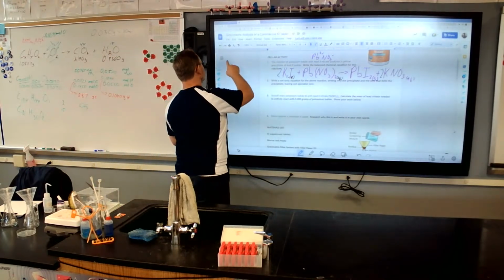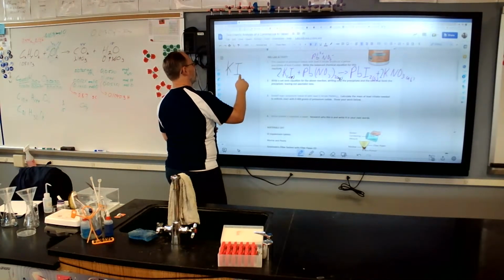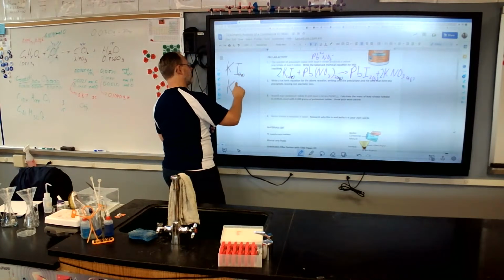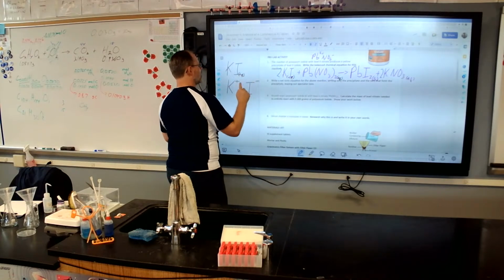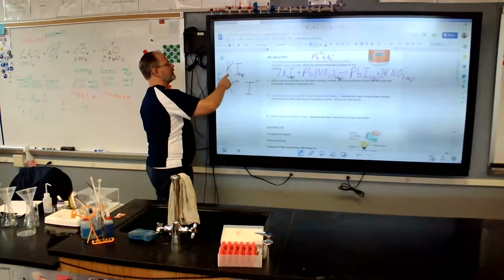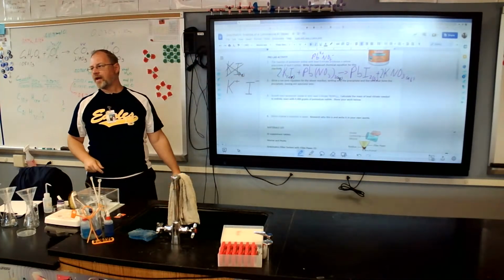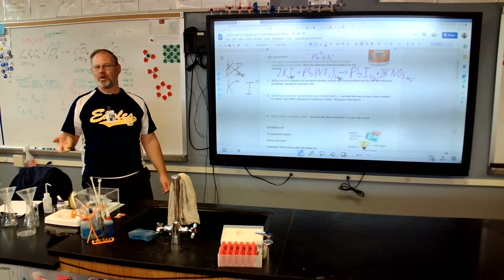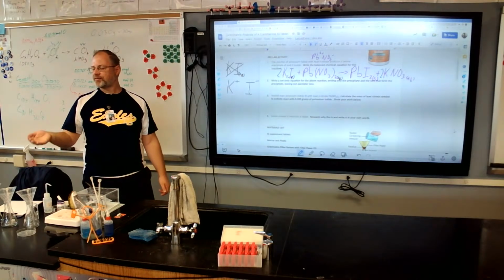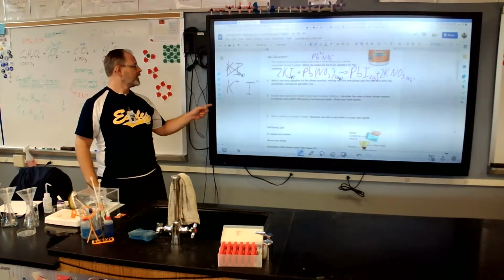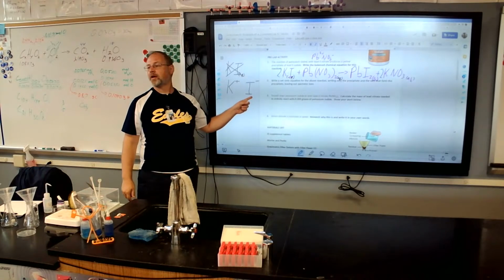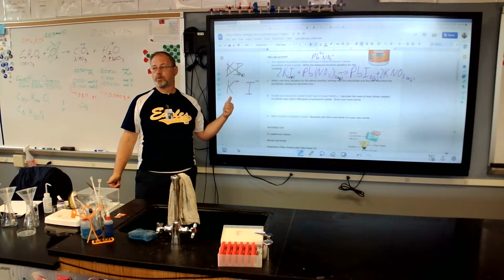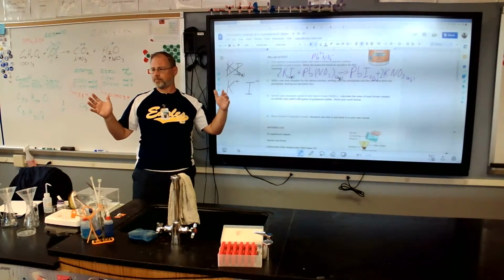So when I see something that is aqueous, KI aqueous, what I'm really seeing is potassium ions and iodine ions. I'm not really seeing KI. KI aqueous is kind of like one of those really fudgy things. If you say something is aqueous, what you're really saying is there's potassium ions and iodine ions. You're saying cations and anions. Okay, does that concept make sense?